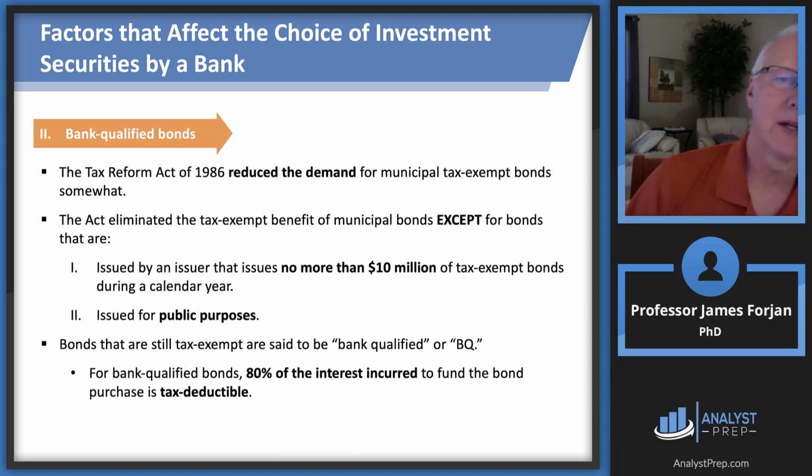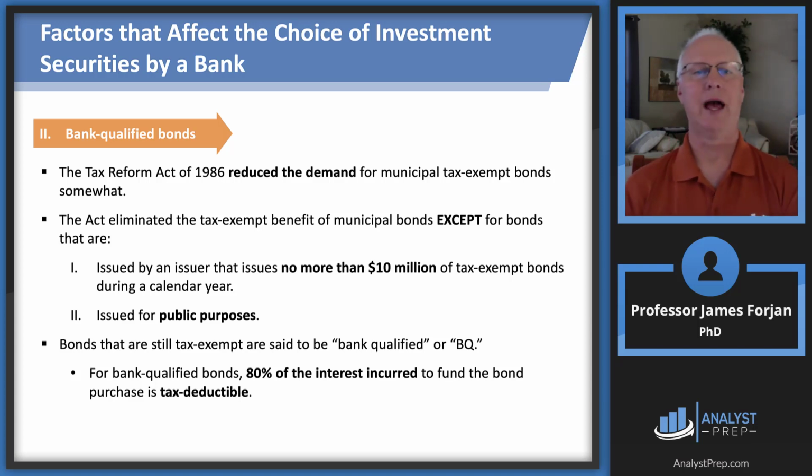Now, all the way back during the Ronald Reagan years, the Tax Reform Act of 1986, there were a couple of provisions in there that resulted in a little bit of a change in demand for municipal bonds. And so there were two items that the Congress back in 1986 decided to pass as a law.